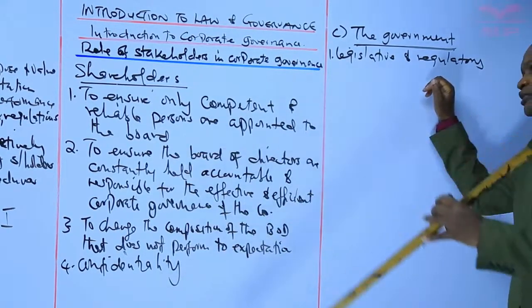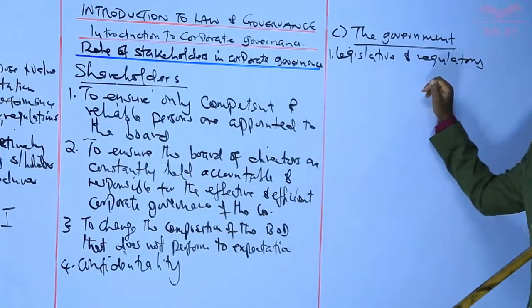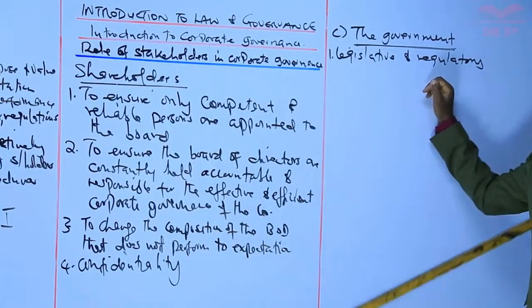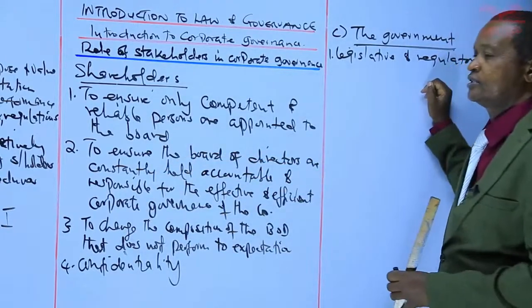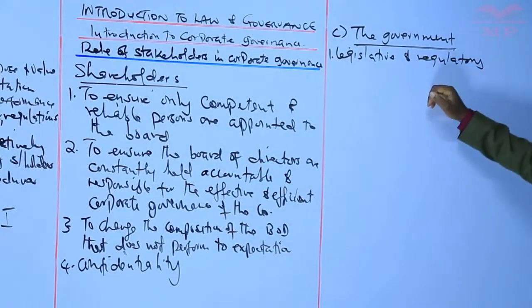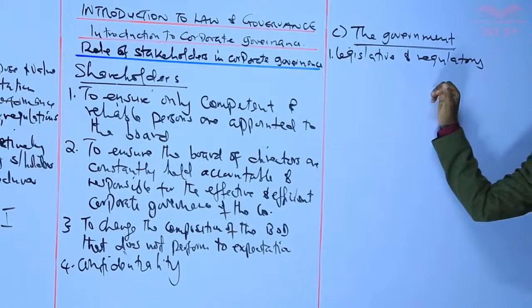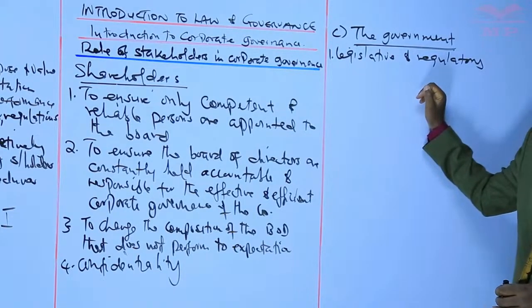the interpretation and the enforcement of legislation is done by the courts and other national enforcement agencies like the Kenya Police and other such bodies.